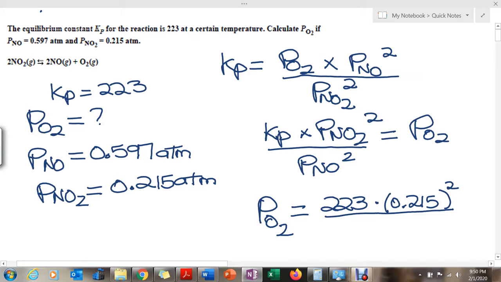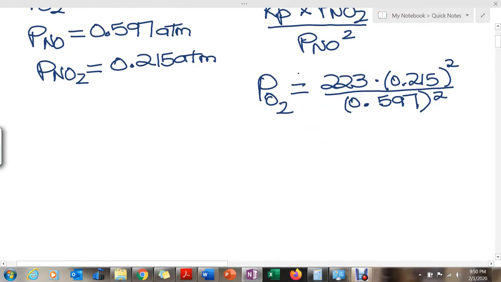It's 0.597, and to the square, remember, NO has a coefficient of 2 also. All this gives you 28.9 atmosphere.